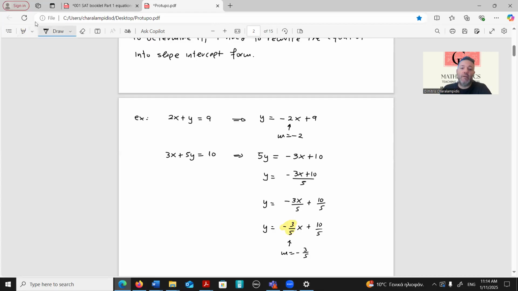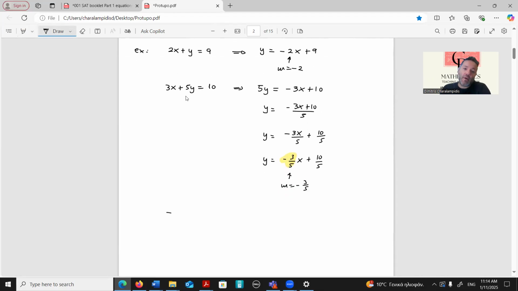Another one: minus 2x plus 3y equals negative 9. Again, let's not make it with 5. Let's make it with 3 this time. In order to determine the slope, I should bring it into its slope-intercept form. So I'm going to try to solve for y. If we cannot directly solve for y, we should begin by solving for the term that contains y, that is 3y. So 3y is 2x minus 9.